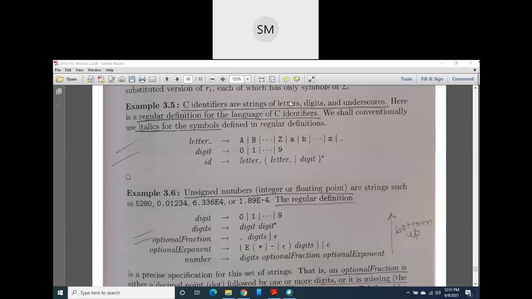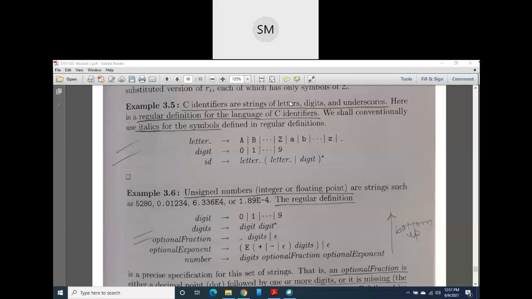To make this, we have to write regular expressions, right? If you want to give names to those regular expressions, you can write a sequence of regular definitions. Remember that word, definitions. It means a sequence, or list, of names that we assign to our regular expressions.